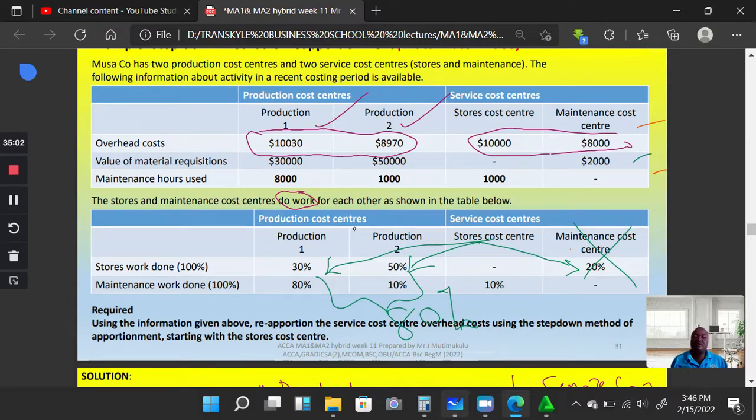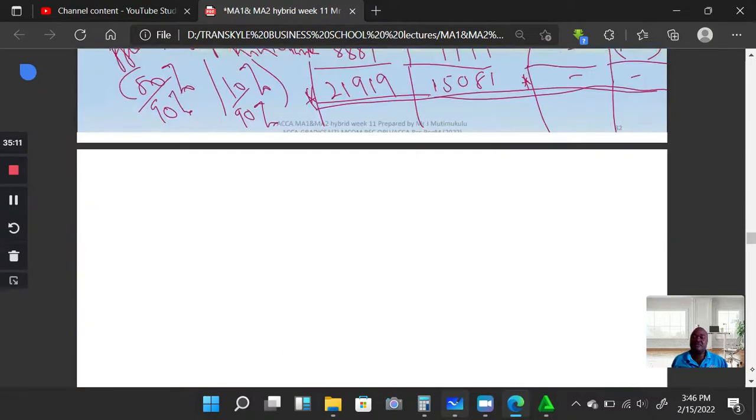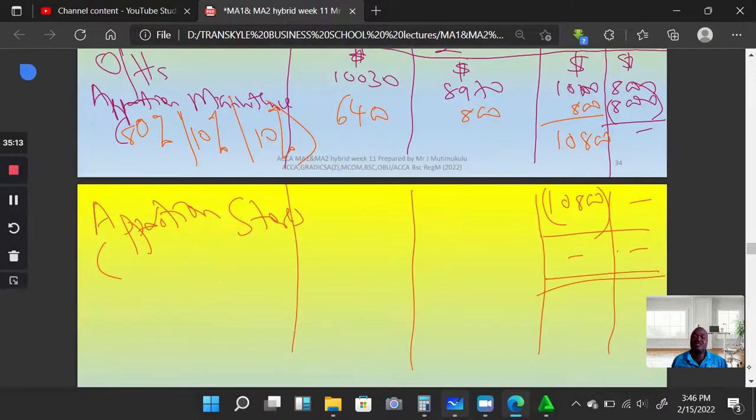So we are going to reapportion for production cost center 1. We're going to say 30% over 80. So let's go back to our answer sheet. We have 30% and 50%, which gives us 80%.